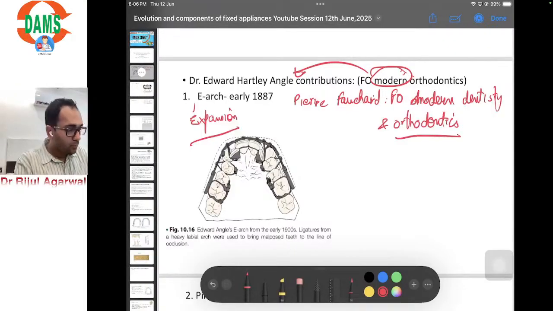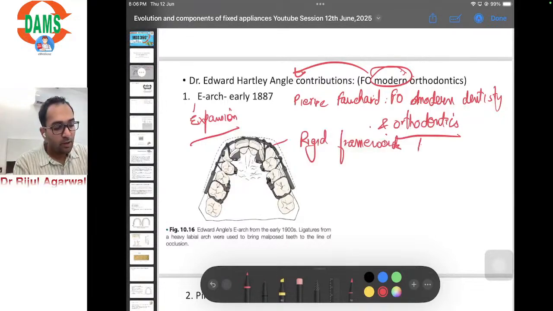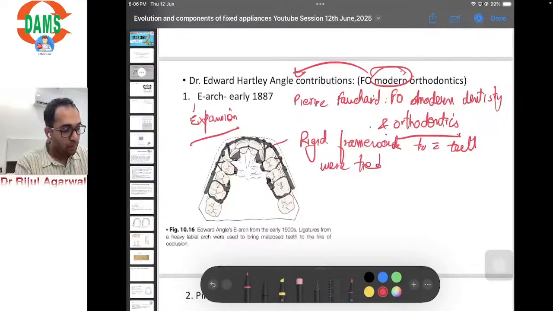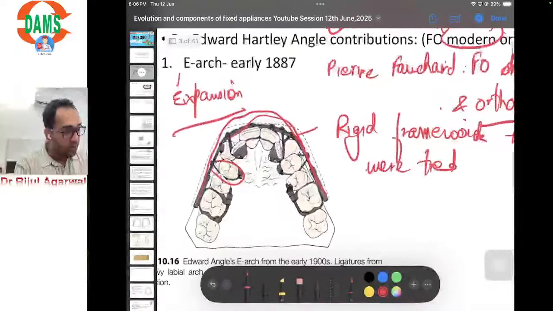So what did it consist of? It consisted of a rigid framework to which the teeth were tied. All the teeth were tied to this rigid framework. If you can see in this image, this premolar is tied, this lateral incisor is tied to this rigid framework.